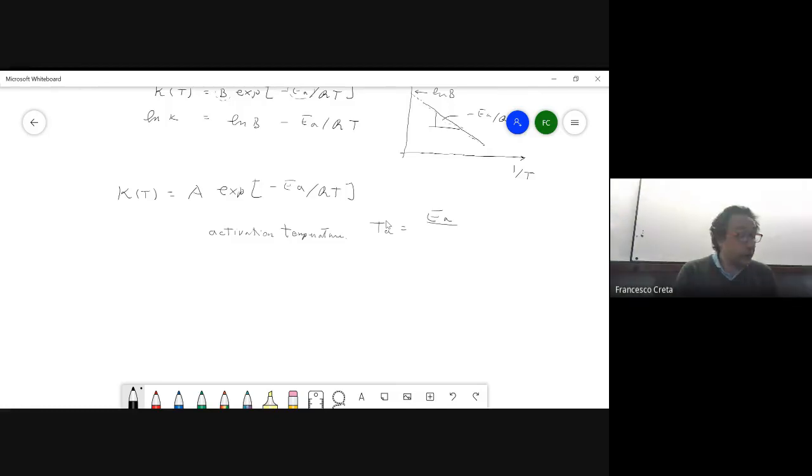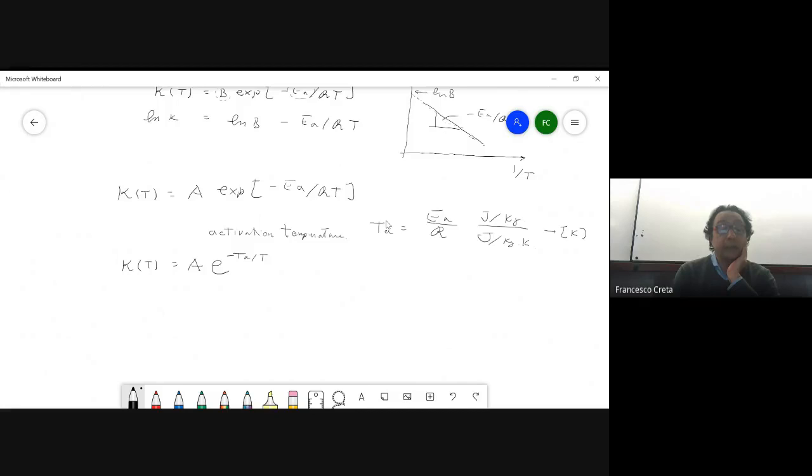So you have the activation energy divided by R. In terms of units, the activation energy is joules per kilogram, and R is given in joules per kilogram per Kelvin, so this ends up being measured in Kelvin. And so you can write the reaction constant as A times the exponential of minus TA over T, where T is your current temperature.